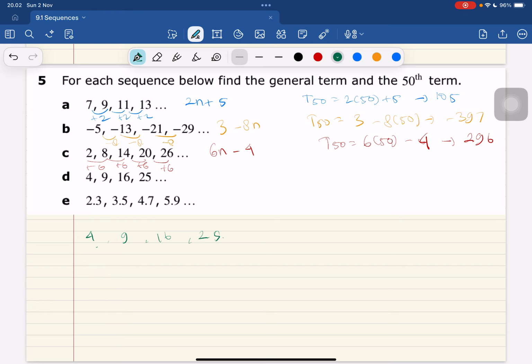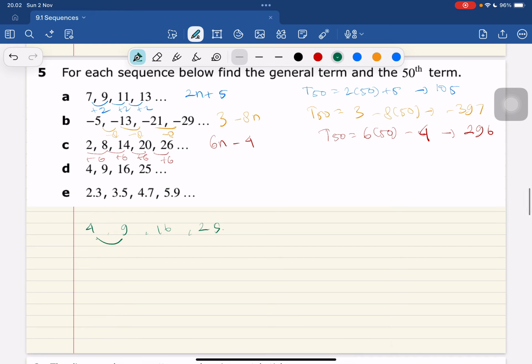So the first difference is going to be plus 5, and then 9 to 16 is plus 7, and then this is plus 9. So this is the first difference.